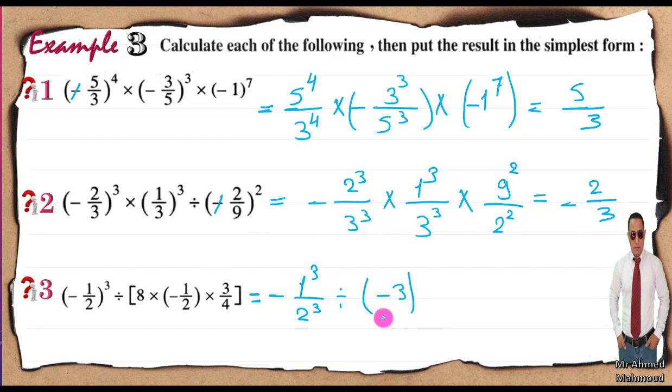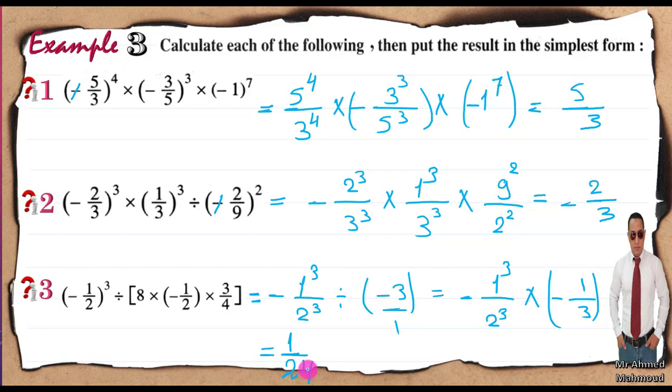Okay, and I make this one negative 3 over 1, so it will be negative 1 power of 3 over 2 power of 3, or it's 1 over 8 times negative 1 over 3, equal 1 over 24.